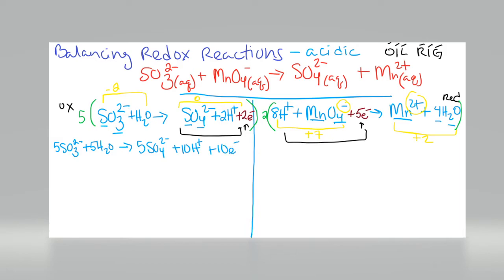Cool. Now we do the right-hand side. We get 16 protons plus 2 MnO4- plus 10 electrons gives us 2 Mn2+ plus 8 water.